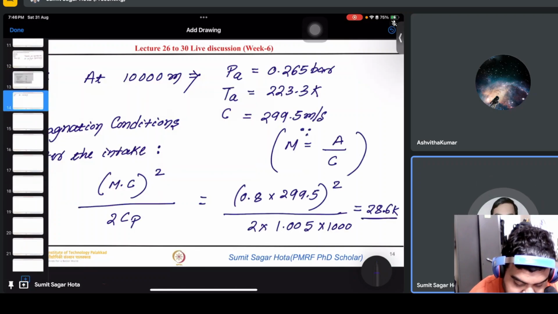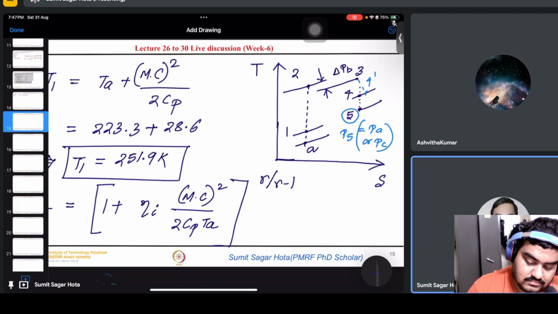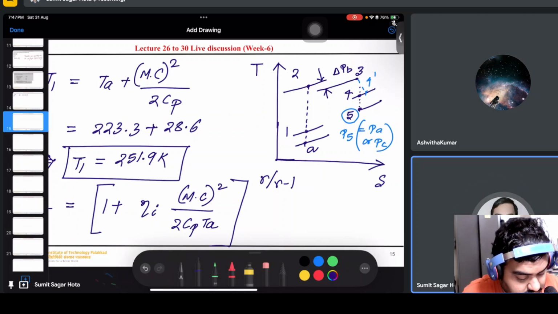That means if you are applying the isentropic relation here, we can actually swap the terms.